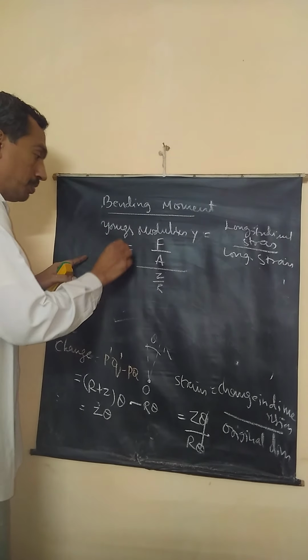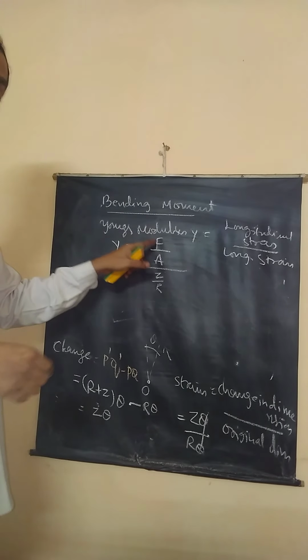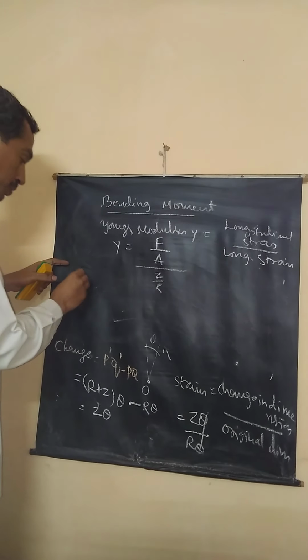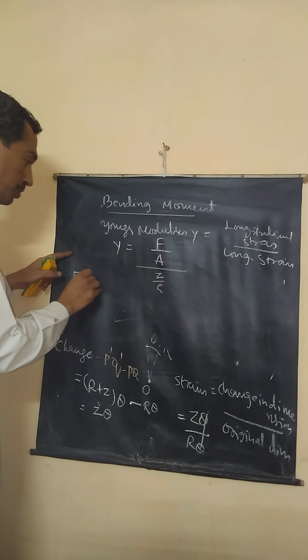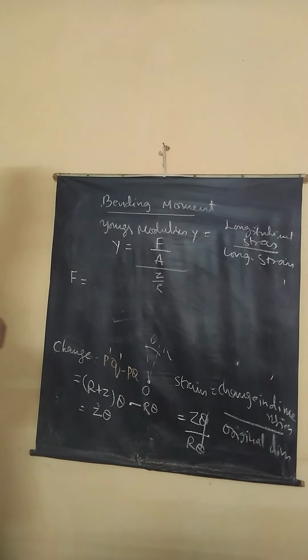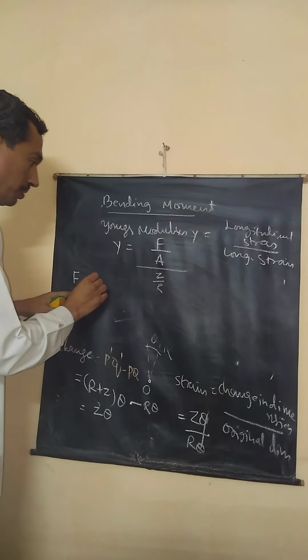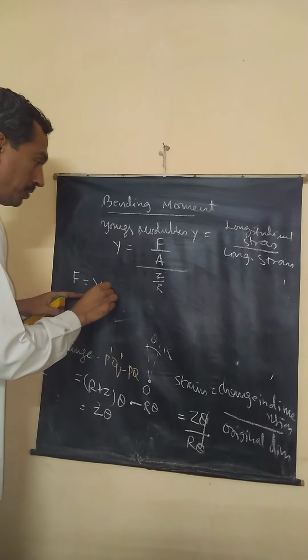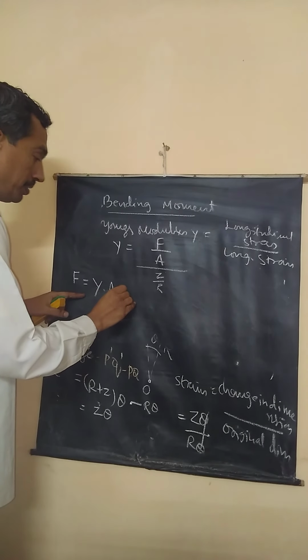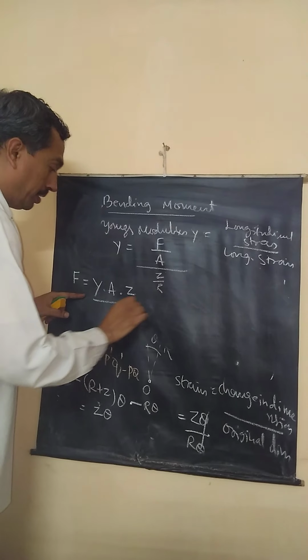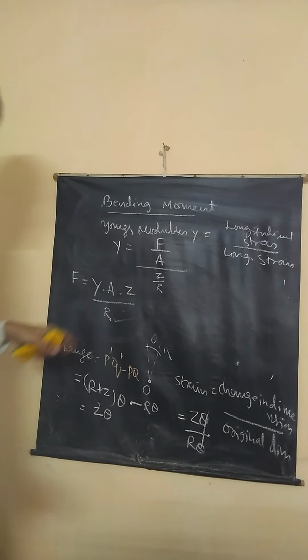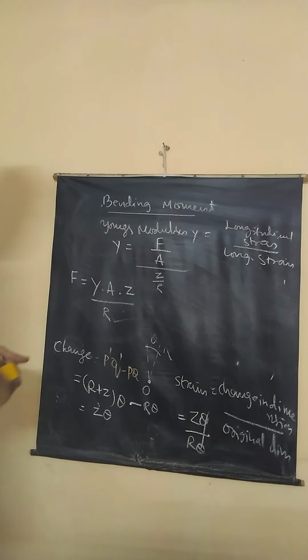This is Y. Now I need moment of force. So first let us take force. Force is equal to Y into A into Z by R. Correct? This is force.